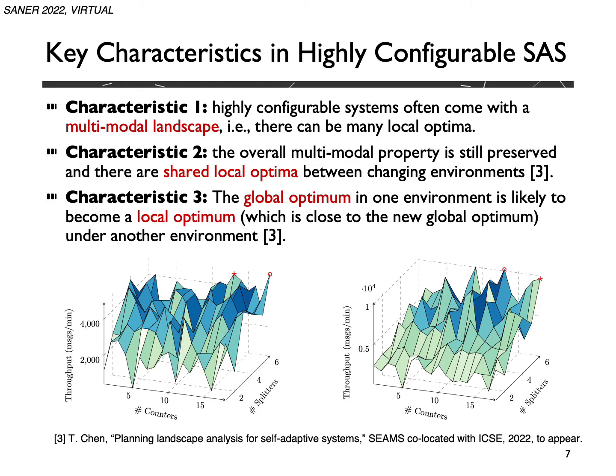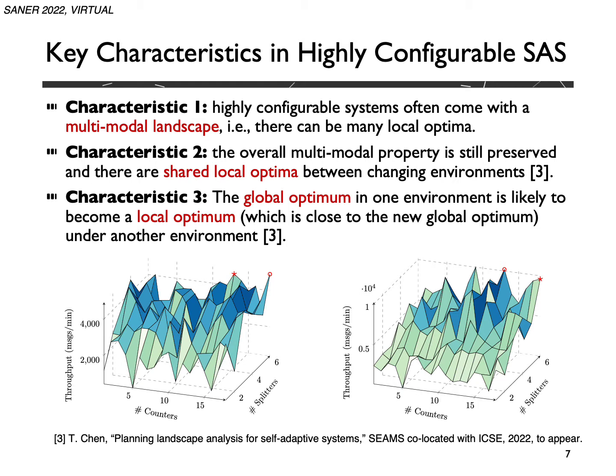All of our designs were derived from our observations of highly configurable SAS, and we observed three different characteristics. Firstly, highly configurable systems often come with a multimodal landscape. That means they have many local optima, as we have shown. And secondly, the overall multimodal property is still preserved under changing environments, and there are many shared local optima.